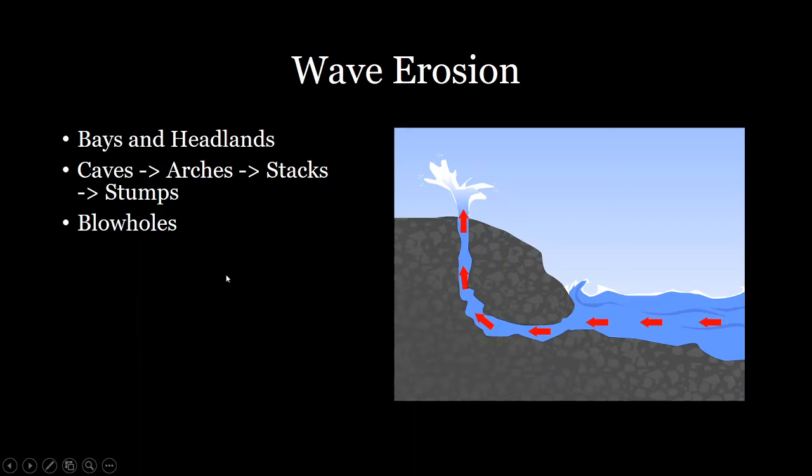And so you can see that diagram here where the waves force water into this channel, and it gets forced out through this hole in the top of the headlands. And this funneling can further this erosion and form this kind of feature.